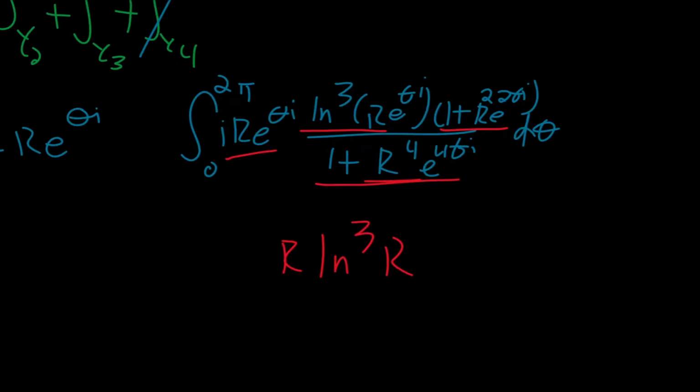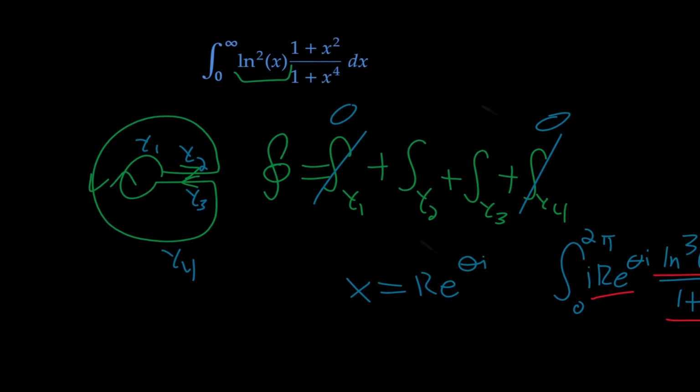And the limit as r approaches 0 of this is just going to be 0. I will leave it to you to prove, but effectively that's why both of those integrals are 0, because one radius is closing in on the origin and the other is going out to infinity, so the limit of both of those is 0.